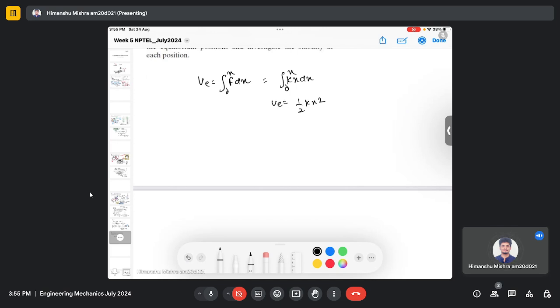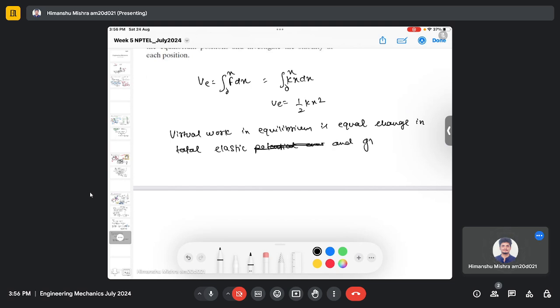Now, if you are given a spring system, or any elastic member, or a member which has a weight, then the work done principle is: virtual work in equilibrium is equal to the change in total elastic and gravitational potential energies for all virtual displacements.